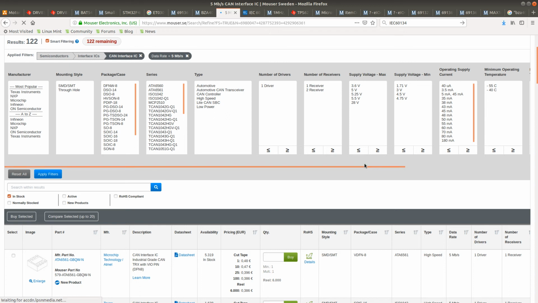Supply voltage, and can we, let's see, okay, this is not applicable.